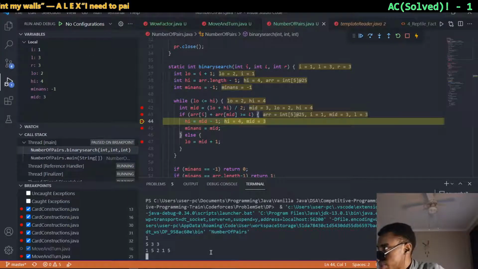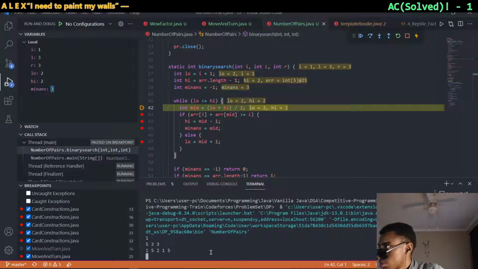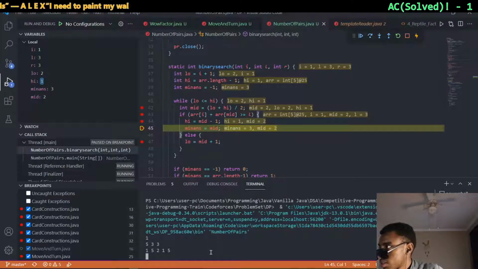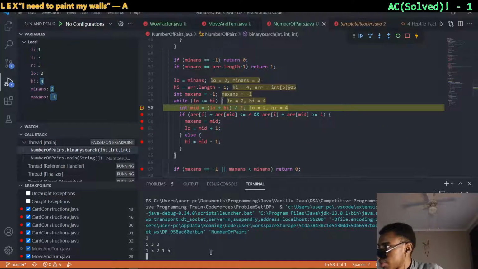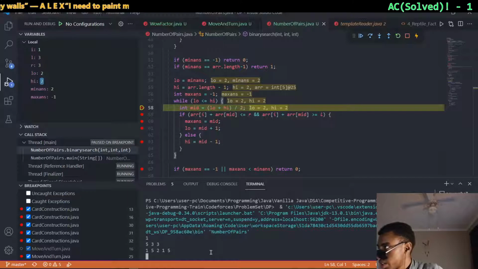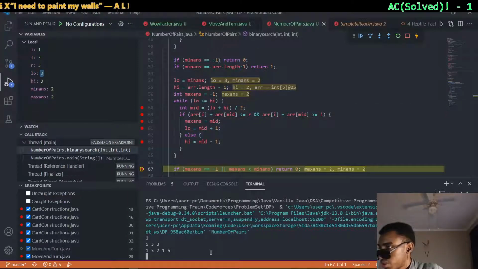Then it's going to push me a minimum answer of 3. Minimum answer of 2. Doesn't work. That one works.